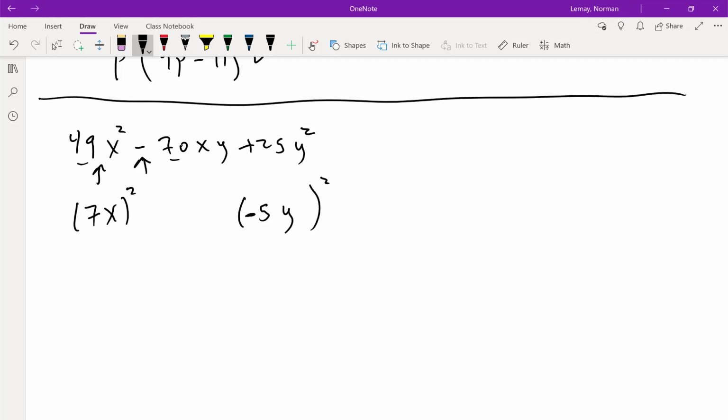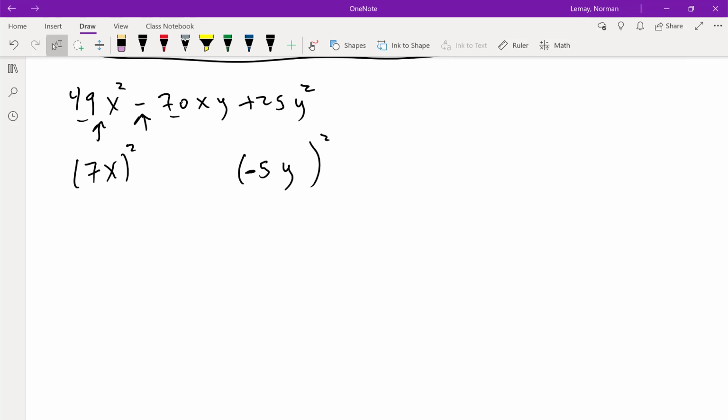Okay. So here we have our candidate. So now we have to do our middle term check. So here's a way of taking a look at that. Middle term check.